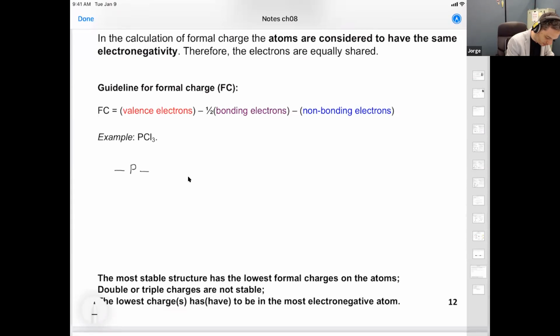So we have phosphorus as the central atom connected to 3 atoms of chlorine. And then we start filling up the octet with the leftover electrons. And for this structure, we have a lone pair on the phosphorus as well.